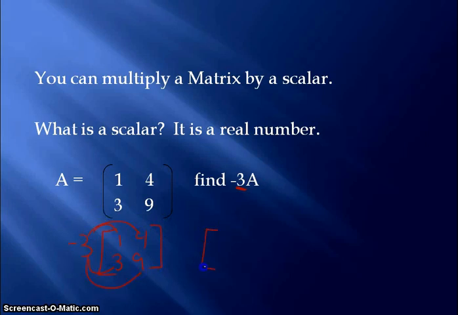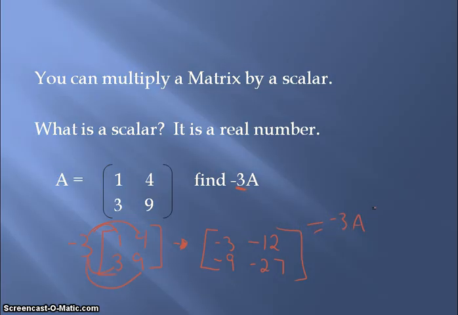So I've got first negative 3 times 1 is negative 3. Negative 3 times 4, negative 12. Negative 3 times 3 is negative 9. Negative 3 times 9 is negative 27. So if this is matrix A, this is matrix negative 3A. And again, we just multiplied bit by bit.